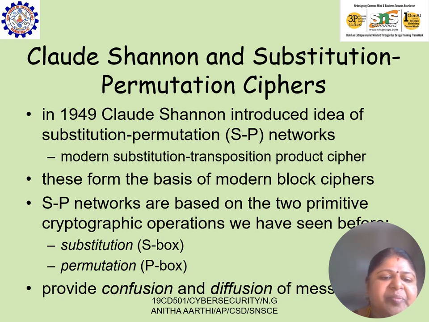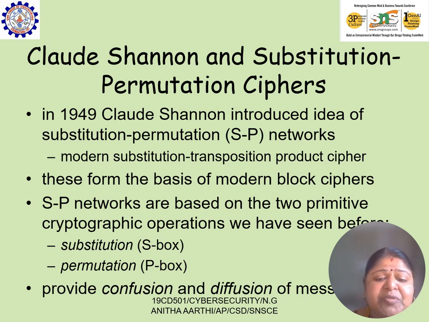SP networks are based on 2 primitive cryptographic operations we have seen before, that is substitution and permutation, S boxes and P boxes. This provides us confusion and diffusion of messages, since this will aid in effective encryption and decryption of block ciphers.